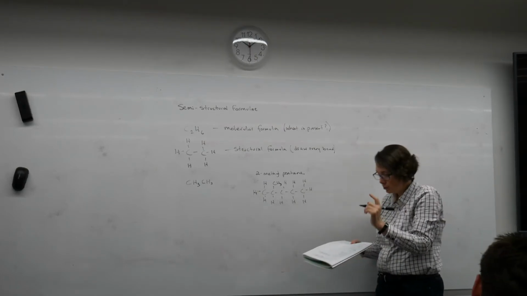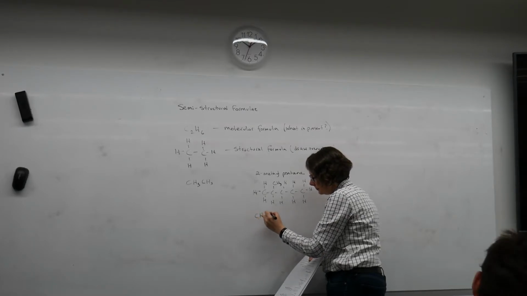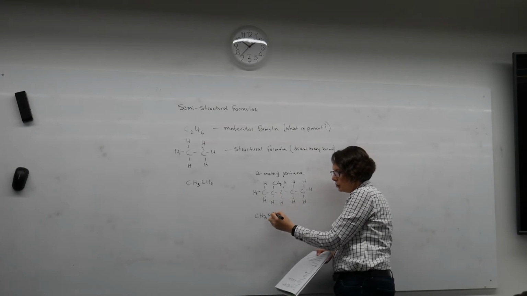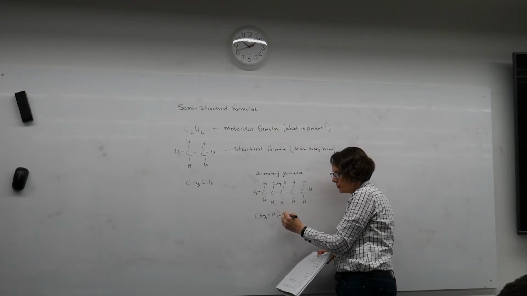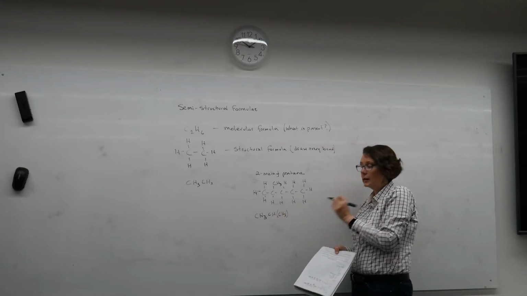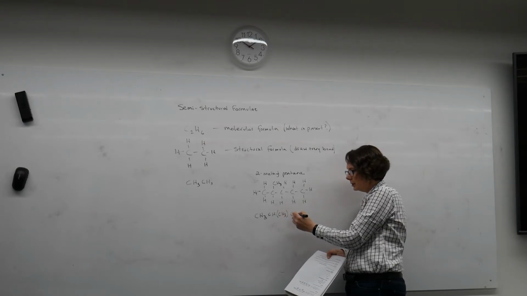And so the way we get around that is we say, well, for this second carbon here, it has this hydrogen bonded to it, but it also has a methyl group, and so we put the methyl group in brackets to say that it's still bonded to that one, so bonded to the second carbon in the chain.